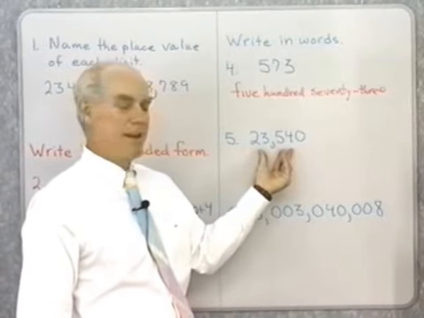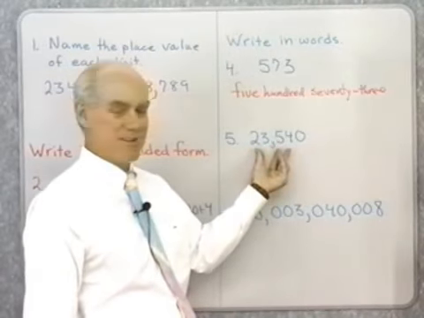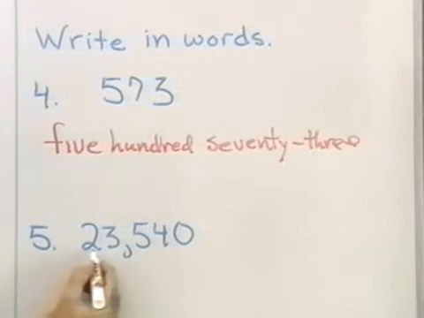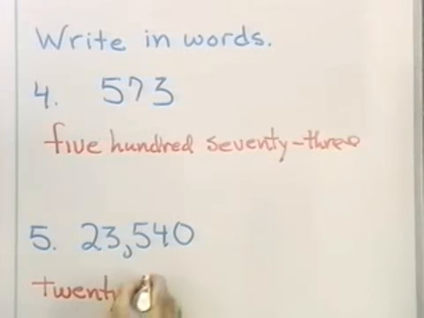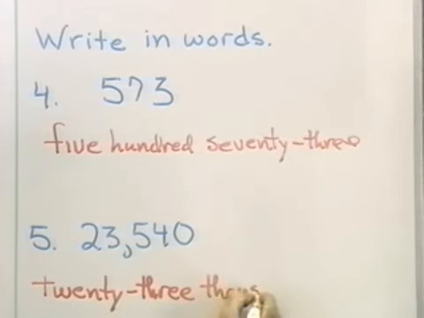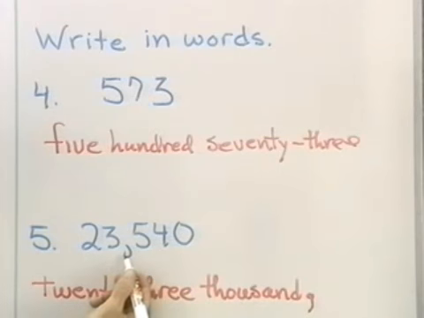Now, our next number is 23,540. Let's write that in not in expanded form, but in words. I have 23,000, so I'm going to say twenty-three thousand, with a hyphen between the 20 and the 3. And then I put a comma in the number written in words in the same position that the comma is in the number written with digits.